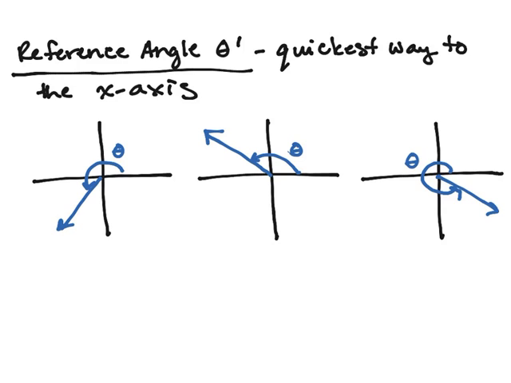So for this first one, if I want to get as quickly as I can to the x-axis, I'm going to go over here, and we're going to call that theta prime. My other option for getting to the x-axis would be to go here, but that's not the quickest way to the x-axis, so I don't want to do that.